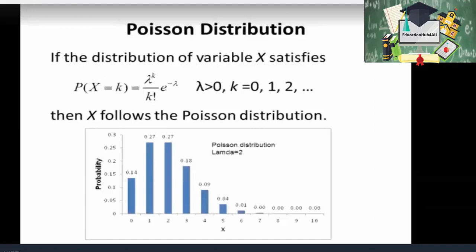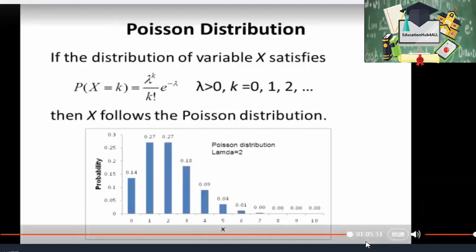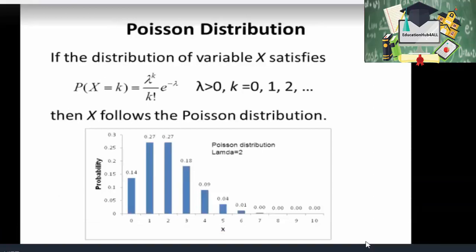At least 3. Well, if I said at most 3, that's 0, 1, 2, 3, so you add them together. For at least 3, basically you need to add everything from that mark on. Understand? So this is some addition.